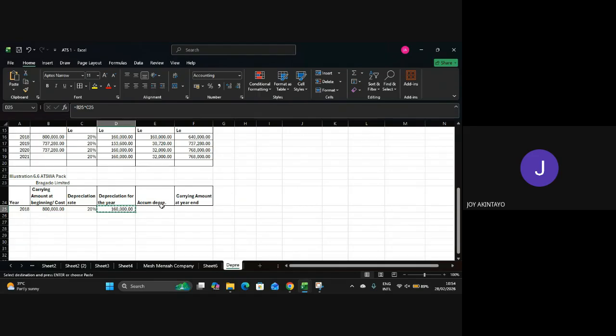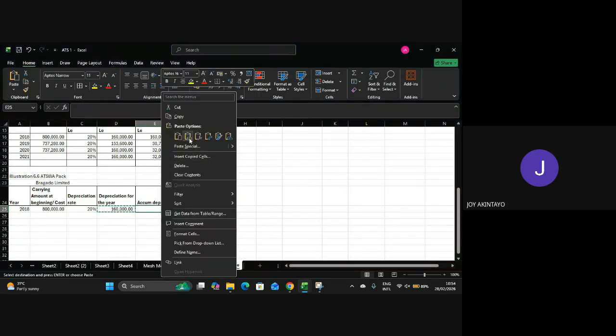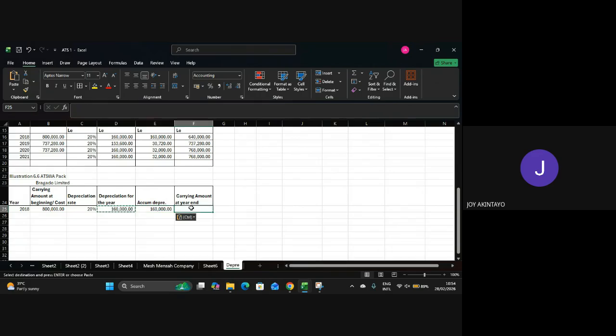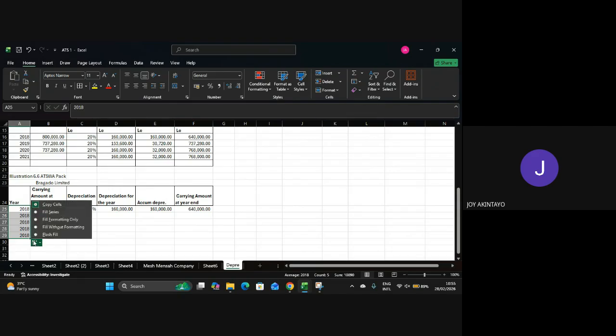This is the first year. Then the carrying amount is the cost minus the depreciation charge for the year. So we have 640,000. And we together? So that's for the first year. Then we also look at the following year. So this 640 is coming here, and we together?